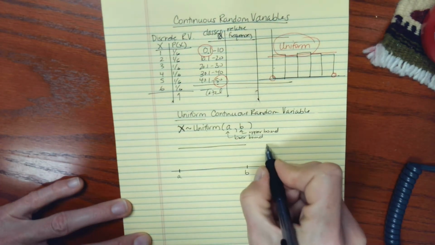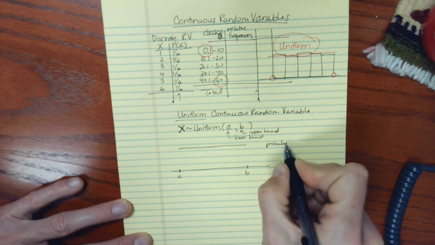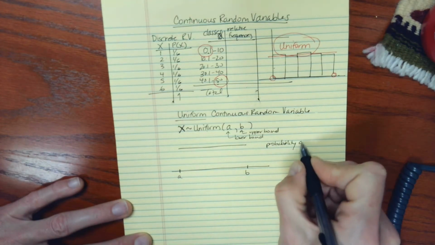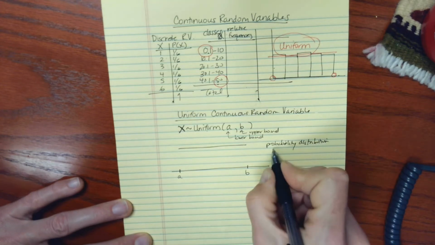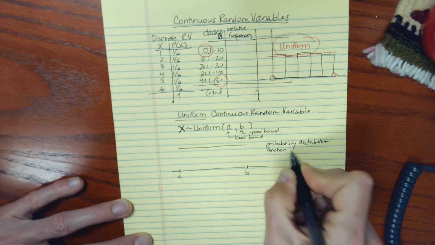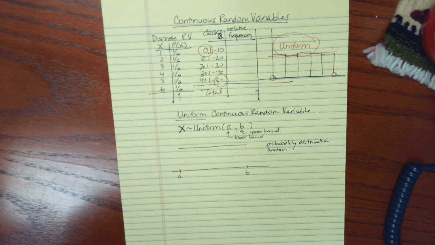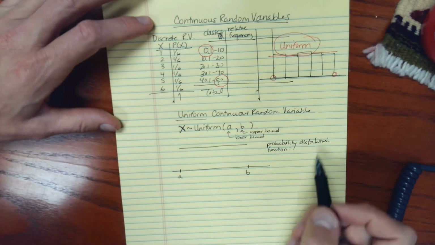So this is a probability distribution function, and that's just an equation that helps us determine probabilities for outcomes in an interval for a continuous random variable.